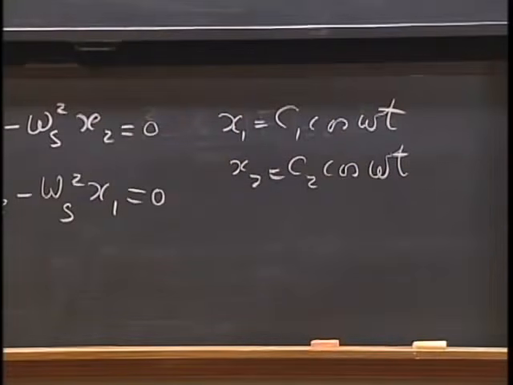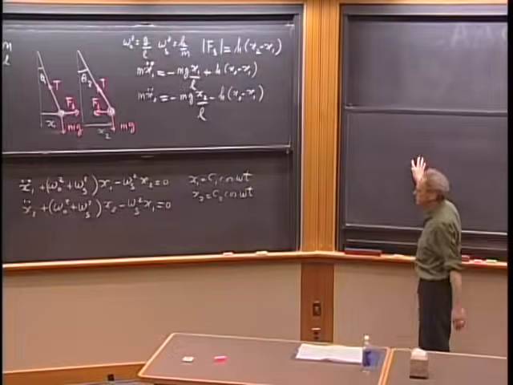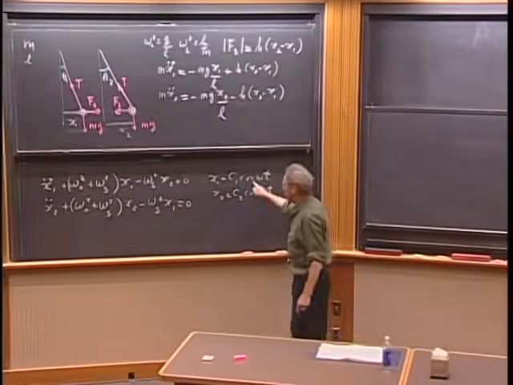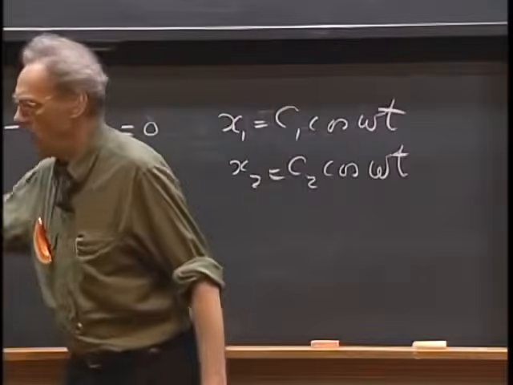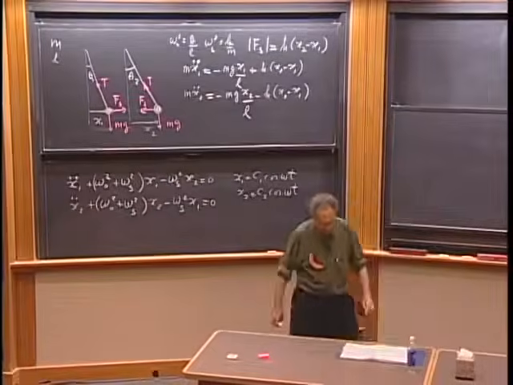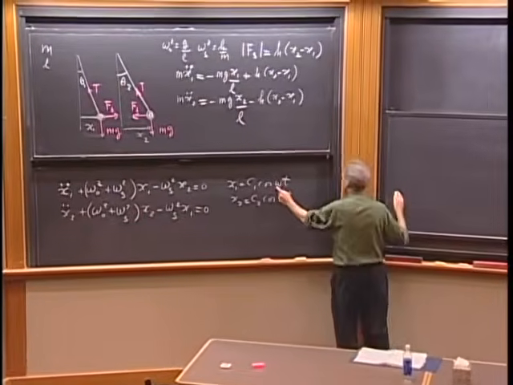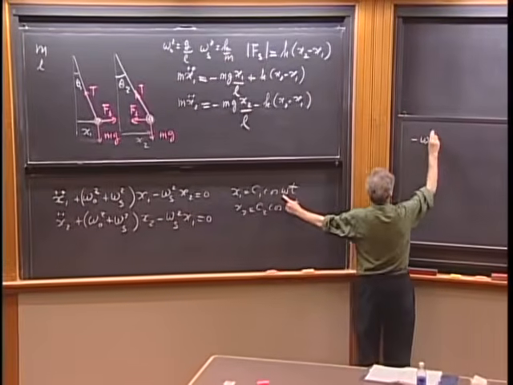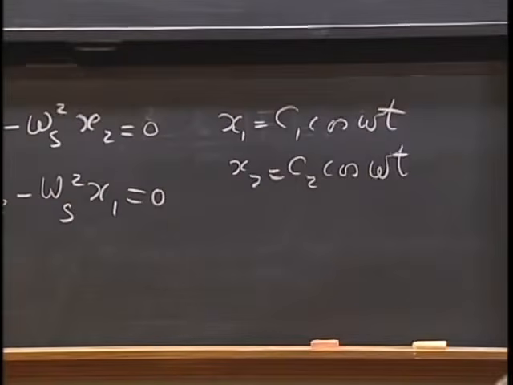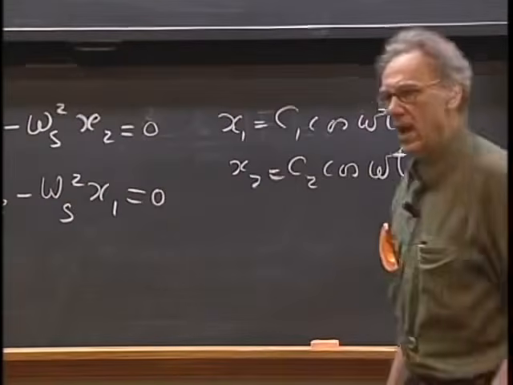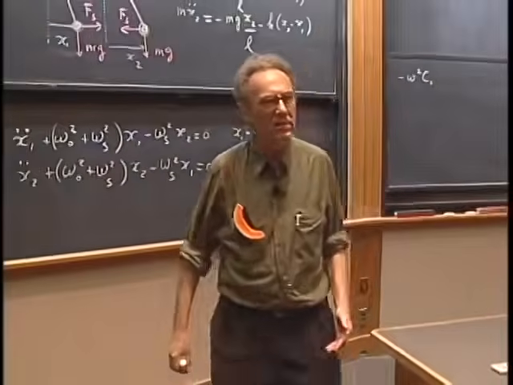We go slowly. I want you to follow each step. And I'm going to work on here so that you can see it high. So I'm going to substitute this in here, so the x1 double dot will give me a minus omega squared, right, because you get twice omega out, minus omega squared times c1, and the hell with cosine omega t.